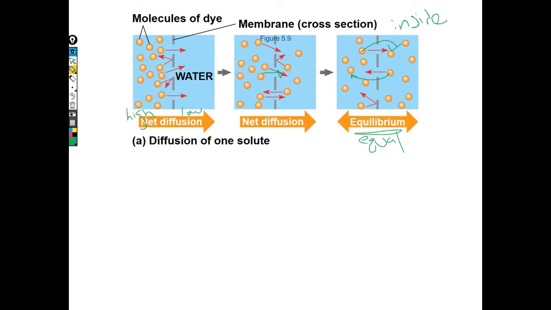So while we see things occur at equilibrium, if this is air, oxygen, this is far more advanced than you need to know, but this stuff is also getting used. If this was glucose, we would be eating it, breaking it down and using it for things. So equilibrium is a state that we're working towards, but we don't stay in this state permanently, because the cells are using these things.